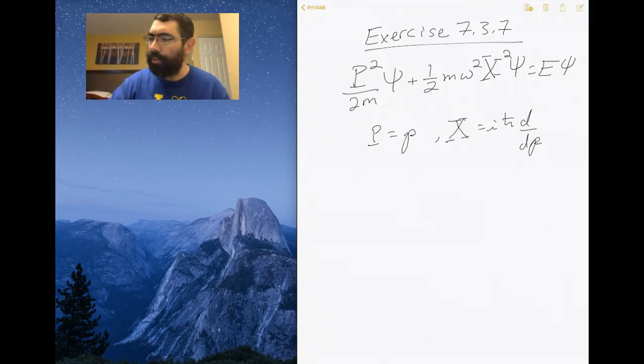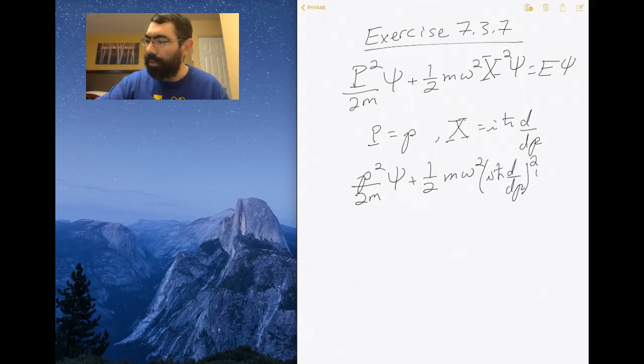So if we plug that into the Schrodinger equation, we get momentum squared divided by 2m times the wave function plus 1/2 the mass, the frequency squared, times the position operator squared times the wave function is equal to the total energy times the wave function.